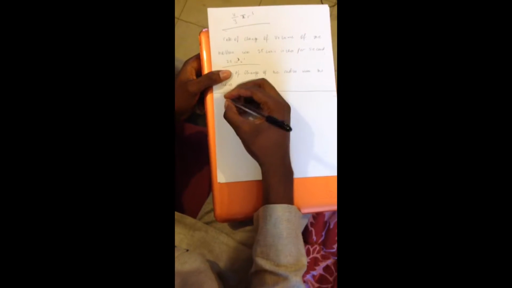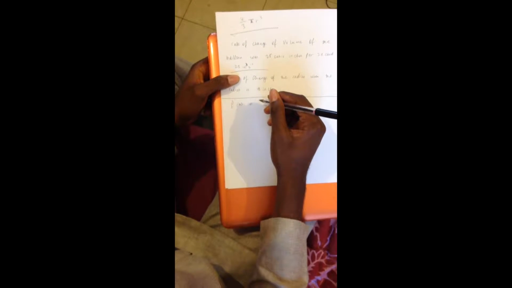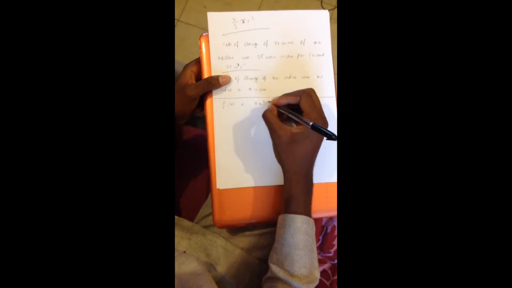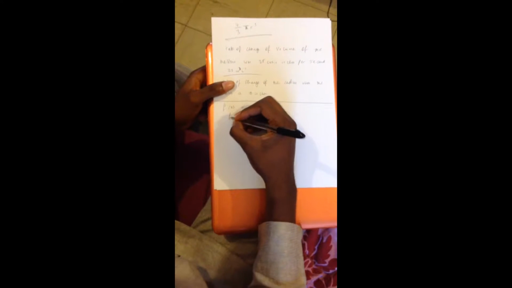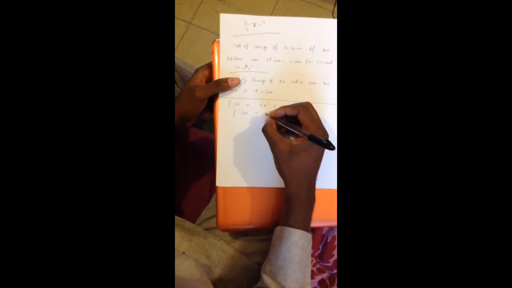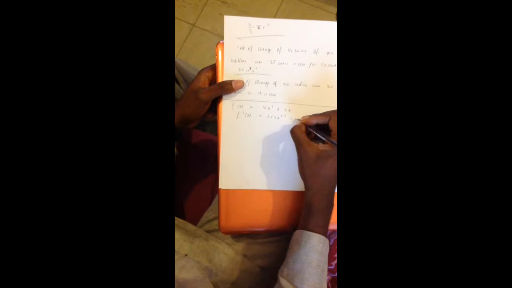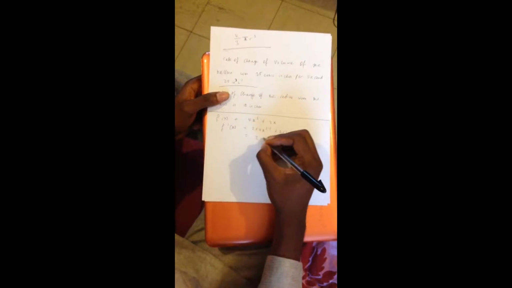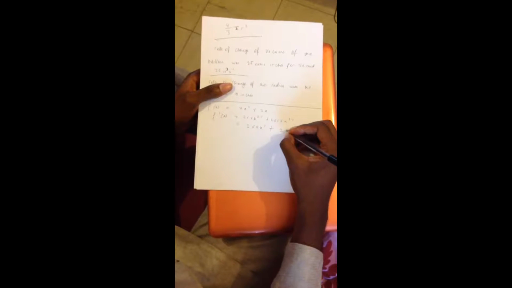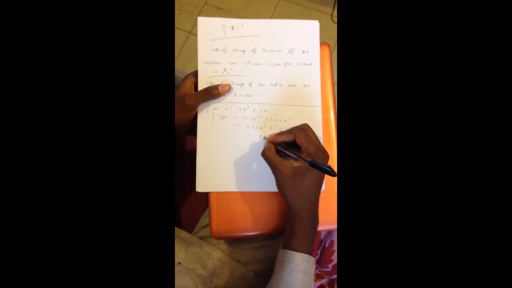For example, if f of x is equal to, let's say, 4x squared plus 2x, and you differentiate this to make it f prime, you would get 2 times 4x raised to the power 2 minus 1 plus 2 times 1 times x raised to the power 1 minus 1, which is equal to 2 times 4x raised to the power 1 plus 2 times x raised to the power 0, which ultimately equals 8x plus 2.